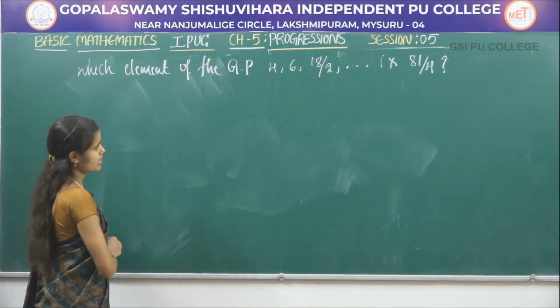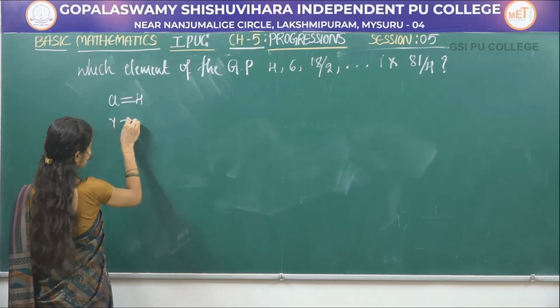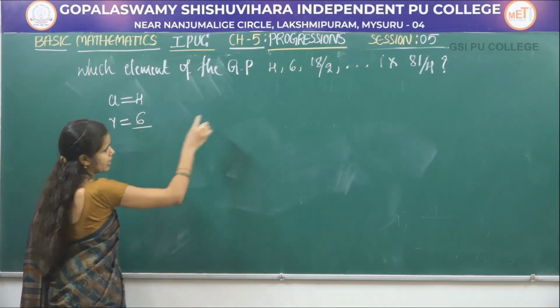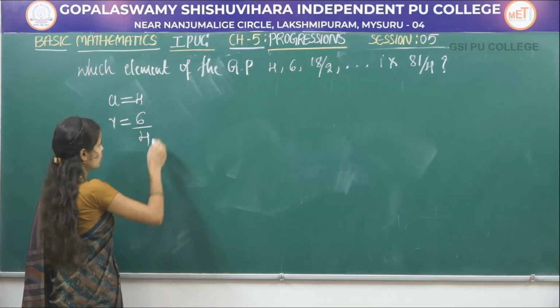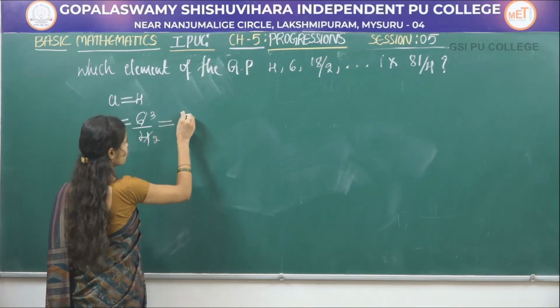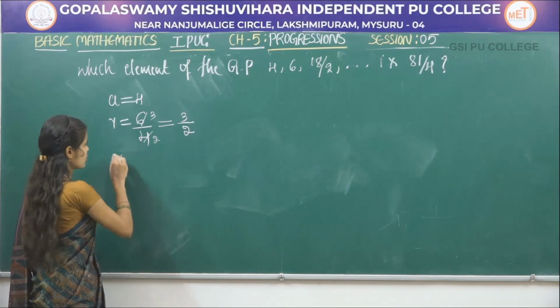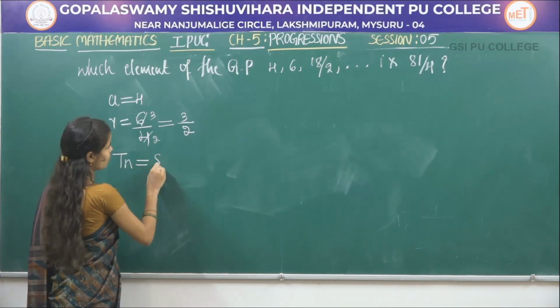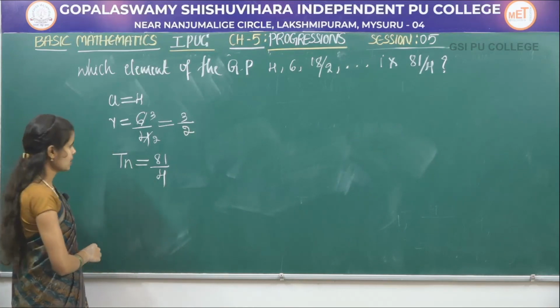Using the given sequence, A is equal to 4. R means T2 divided by T1, the second term divided by the first term. So 6 by 4, which is 3 by 2. So R is equal to 3 by 2. Assume that 81 by 4 is the nth term.